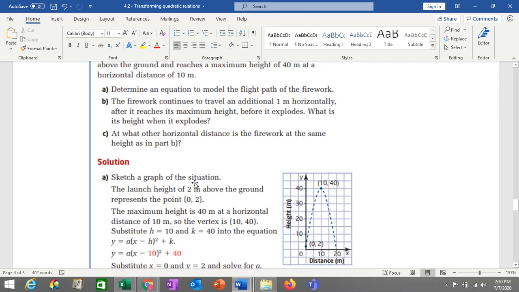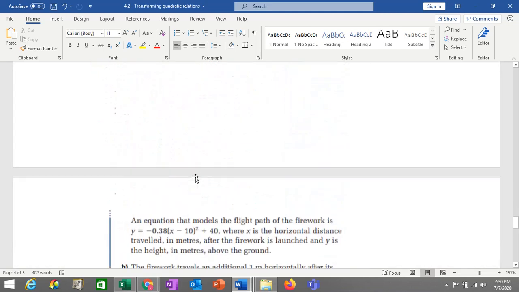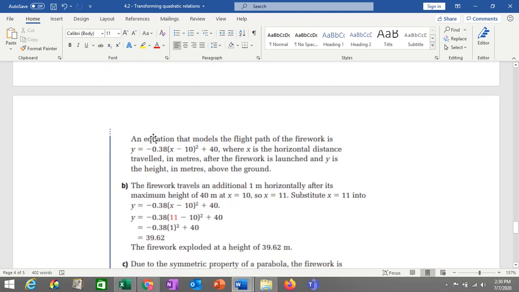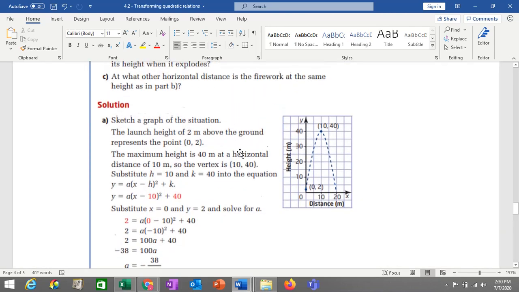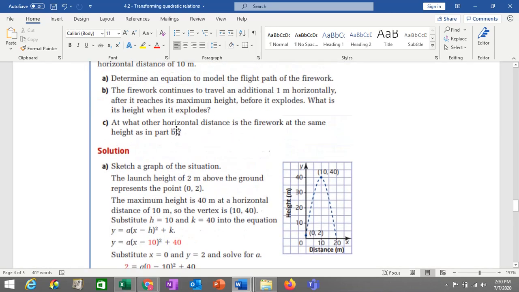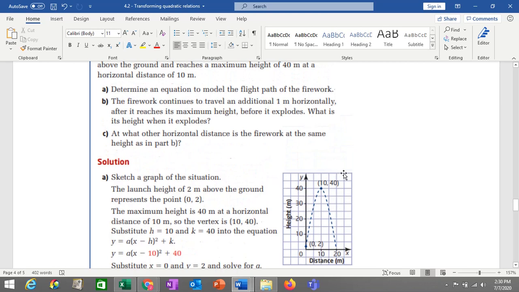All right, so how do we do that? Well, we already have the equation, right? We have y equals negative 0.38 (x minus 10) squared plus 40. What we're trying to find is the height, we're trying to find y. So y is easy to find if you have x. And it turns out that we already have x, because it says that we've traveled 1 meter horizontally after reaching its maximum height.